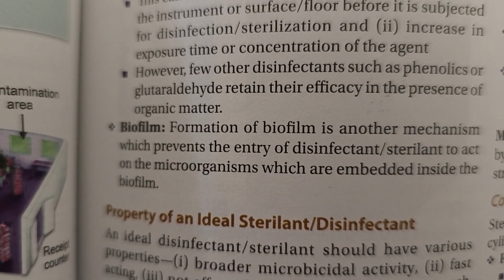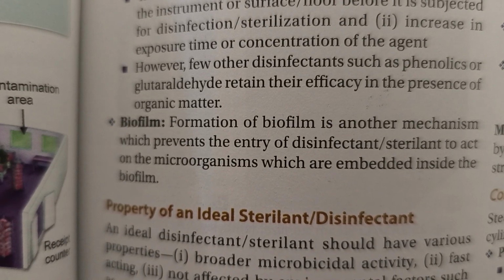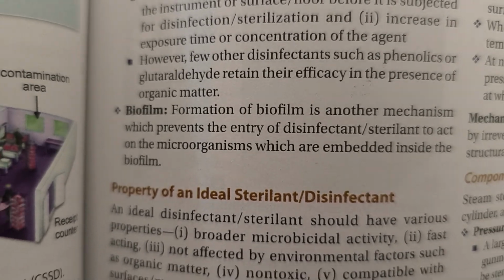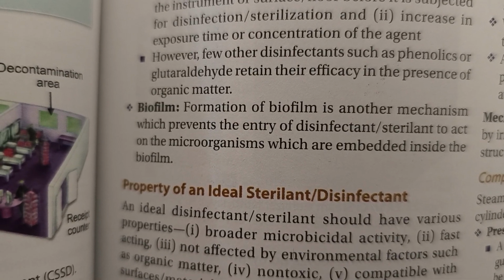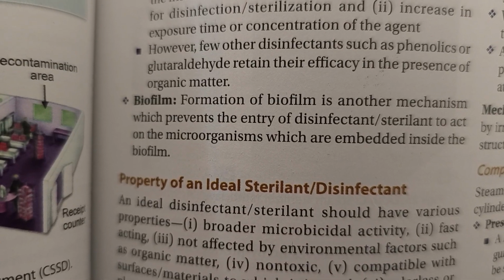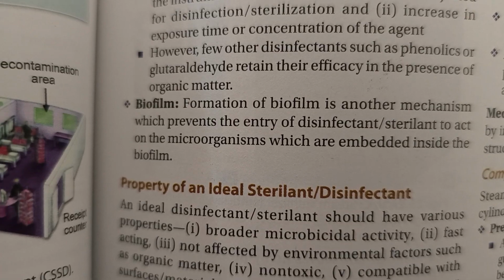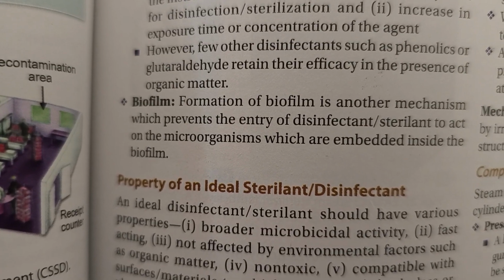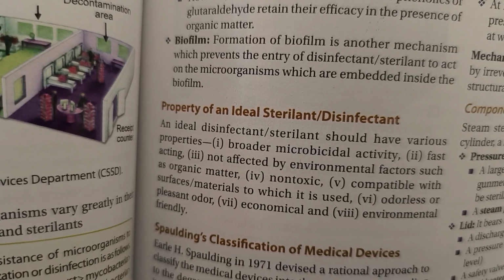However, few other disinfectants such as phenolics or glutaraldehyde retain their efficiency in the presence of organic matter. Biofilm. Formation of biofilm is another mechanism which prevents the entry of disinfectant and sterilant to act on the microorganisms which are embedded inside the film.